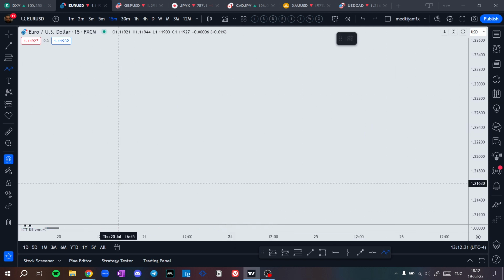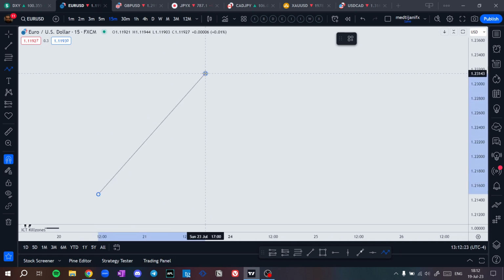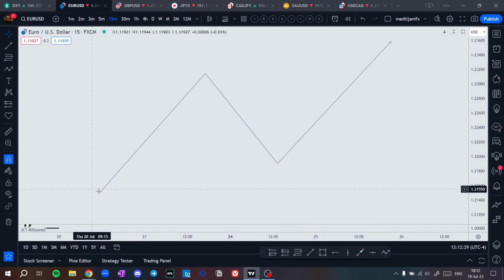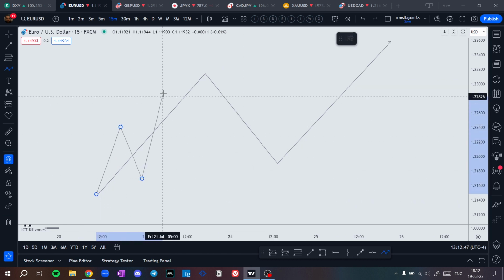So let's assume this is the daily range, right? Price is making higher highs and higher lows. We have a low, a higher low, a high, a higher high, right? Inside this range, we could have a 4-hour range, inside this impulse leg. We could have something like this at lower time frame, right?